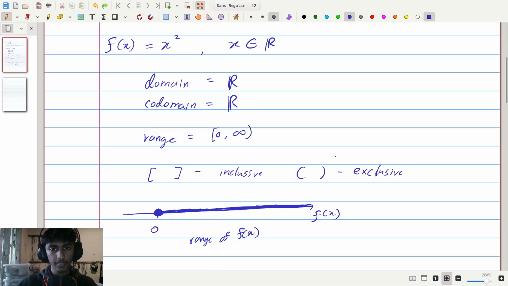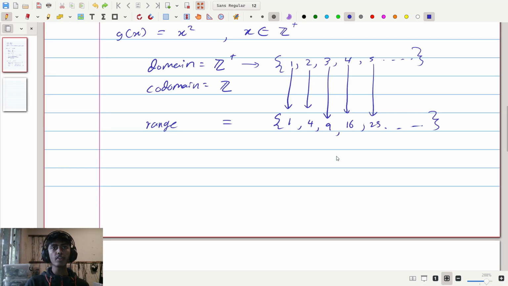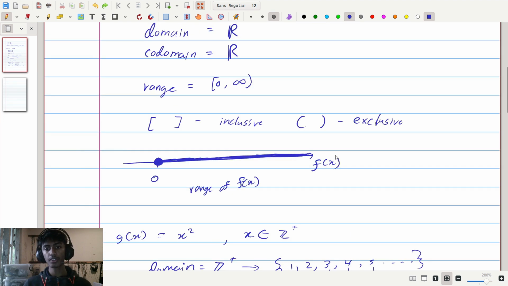Generally in our A level we do not think about the codomain too much. The codomain is important if you want to think about onto-ness of a function. Onto-ness of a function means, is every possible output covered by the function? Does the function hit every single point along the output? In this case, for y equals f(x), where f(x) is x squared, this function is not an onto function because it misses certain points.